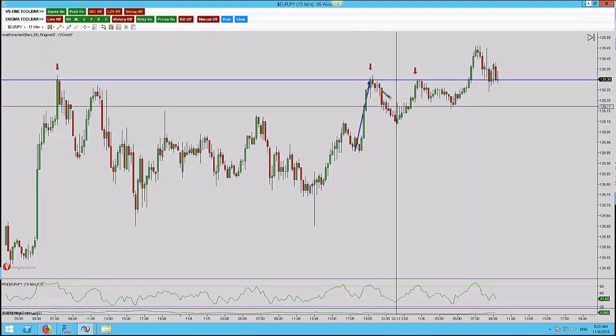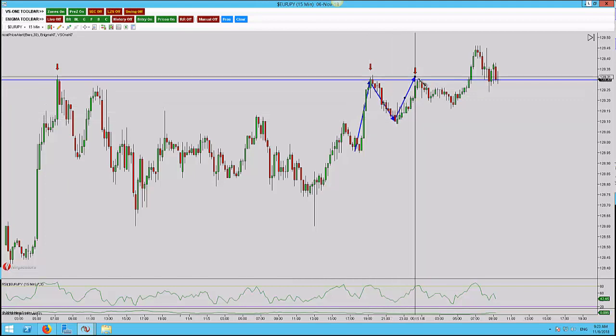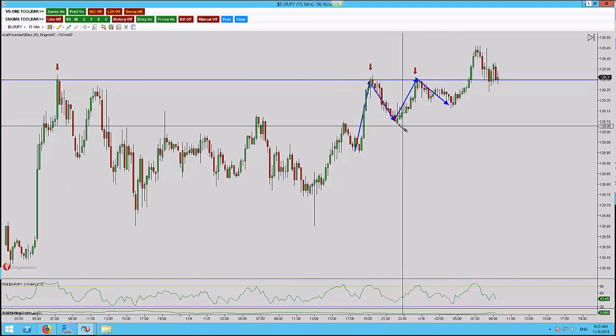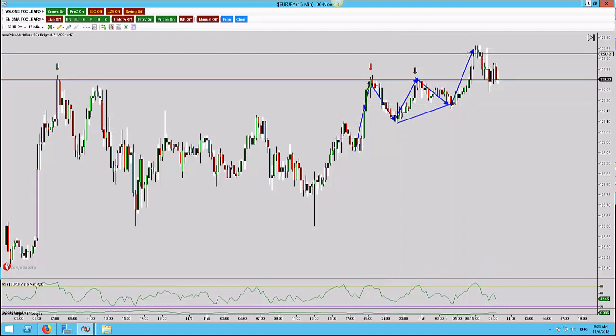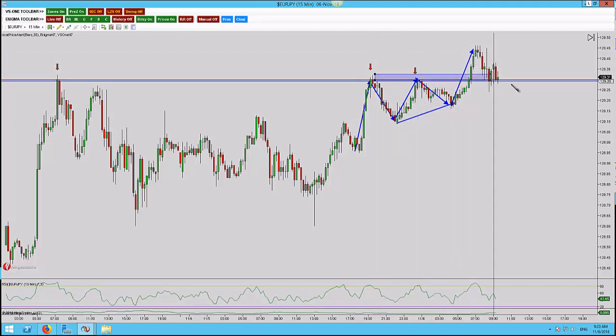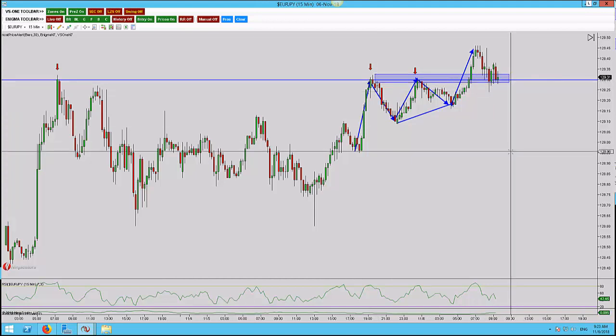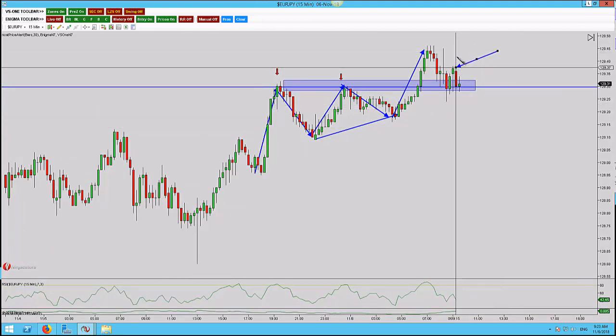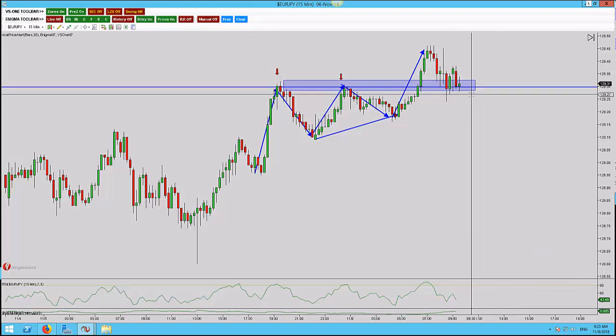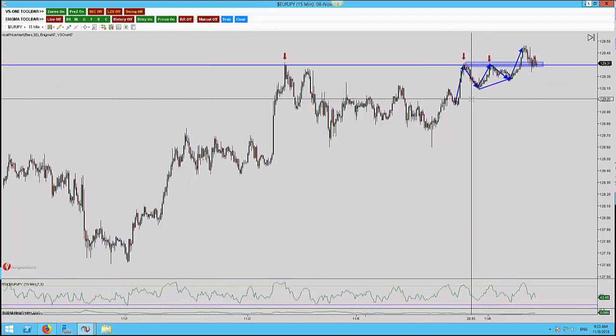I will just draw out our triangle pattern, which came off, by the way, and hit targets, though I was not in it. We broke to the upside. Well, guess what? We've pulled back. Where have we pulled back into? We pulled back into the structure level. We have already had a higher high, higher close just here. So I simply waited for a pullback here and a chance to get long.